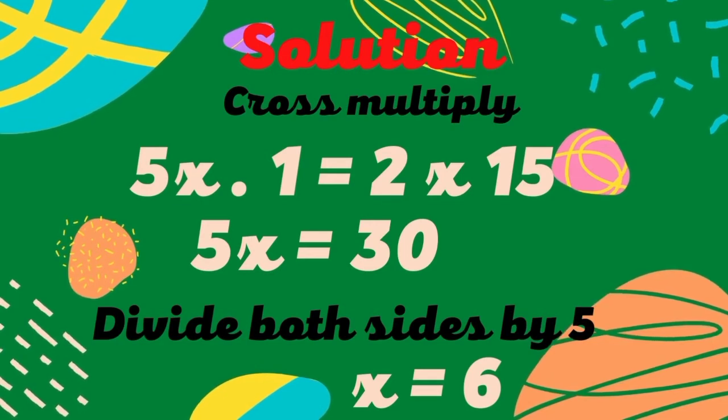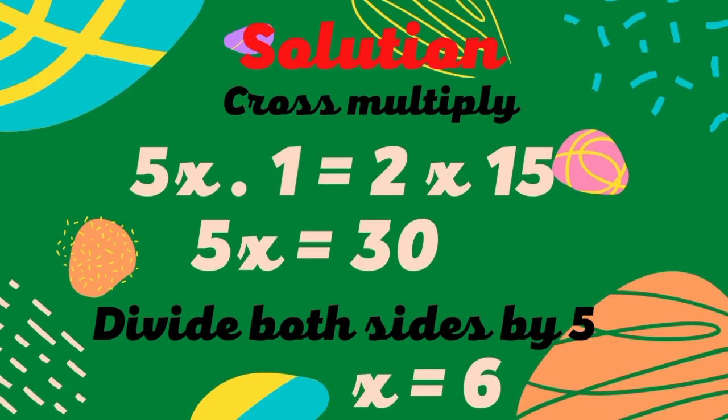When you cross multiply, you have 5x times 1 is equal to 2 times 15. 5x times 1 will give you 5x, 2 times 15 will give you 30. Then you divide both sides by 5, and that will give you x is equal to 6.